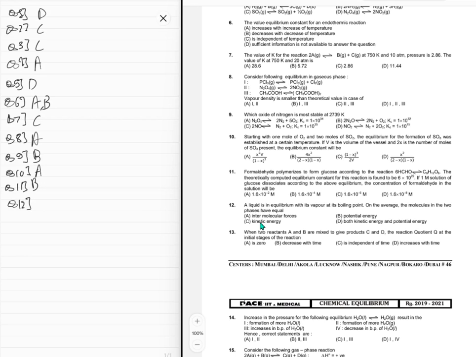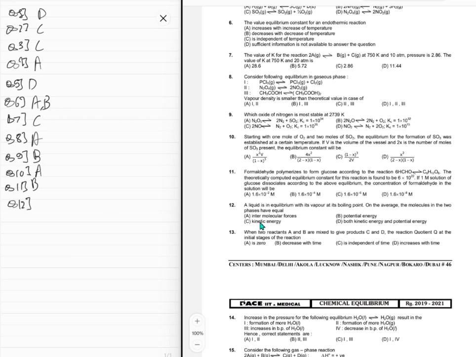So potential energy, intermolecular forces. So when you have both kinetic energy and potential energy combined, maybe that makes sense, because there's no potential energy for a gas. There is potential energy for a liquid. So if you want to pluck out those molecules, you have to work against these molecular forces. For that, you need heat.